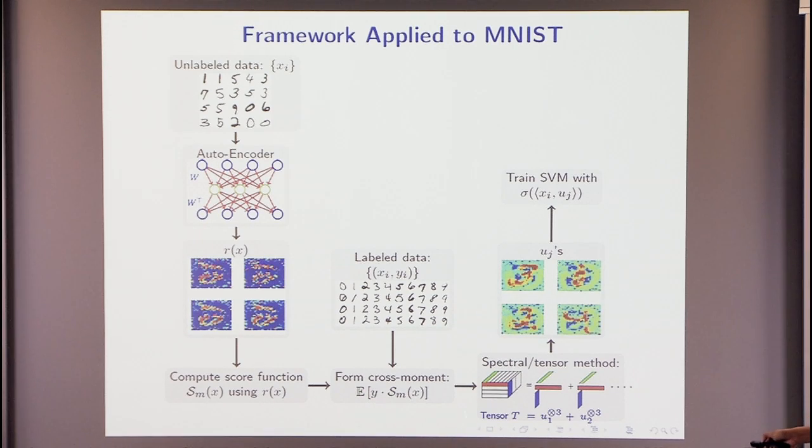Then we find these cross moments, do a tensor decomposition, extract the directions from this tensor decomposition, and construct these discriminative features that we feed to an SVM. What we found was results in the range of 96% with just one layer of such framework. We are now trying multiple layers, and also much more challenging data sets using this framework.